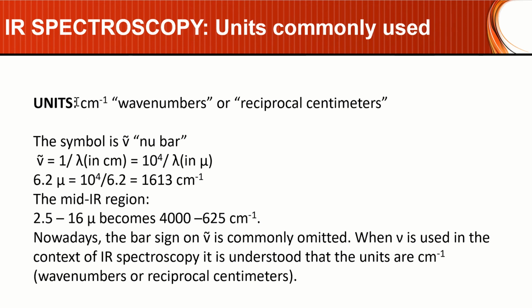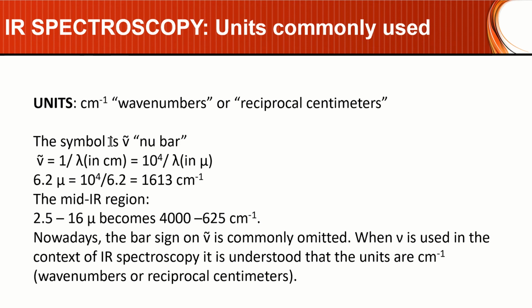We don't say centimeters to the minus 1, we just say wave numbers. So when we say wave numbers, this is what we mean, cm minus 1, right? So don't say cm minus 1 or to the minus 1, just say wave numbers. So we stick to wave numbers.